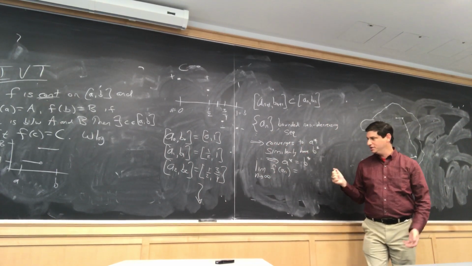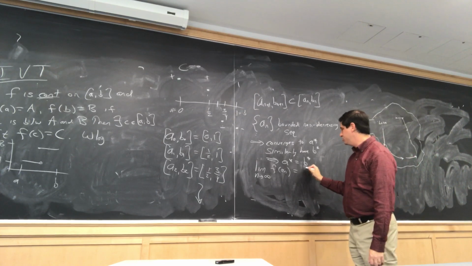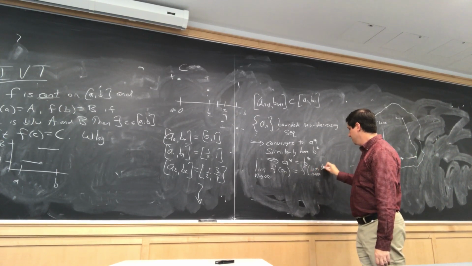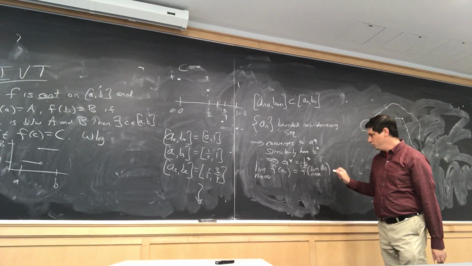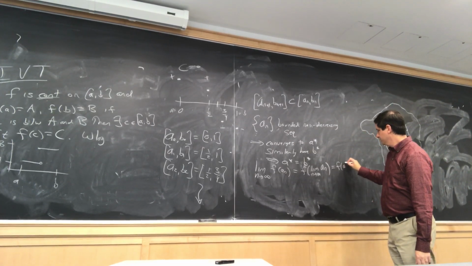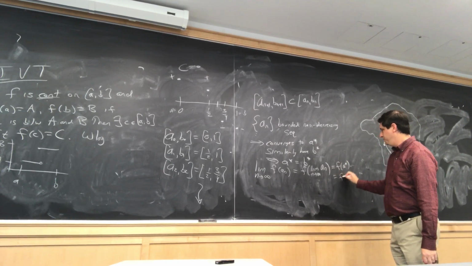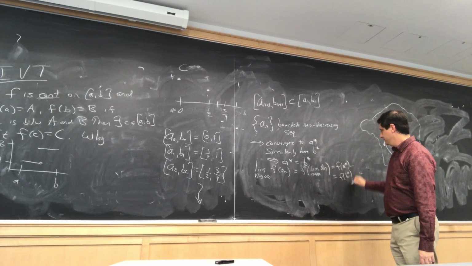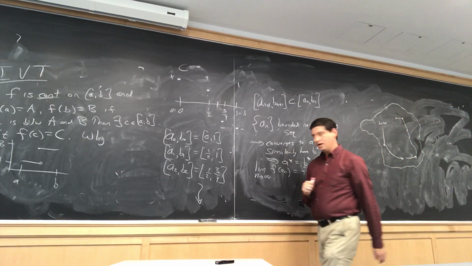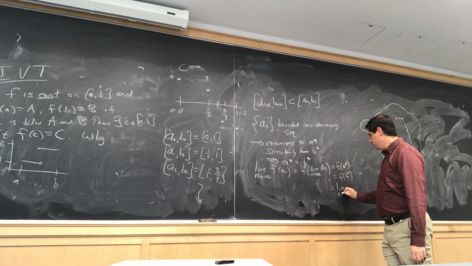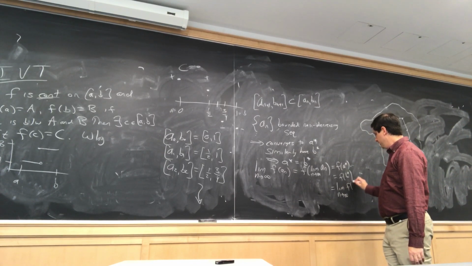So we can move it inside. It's just f of the limit as n goes to infinity of A_n, which is f of A star, which is similarly f of B star. And this is just the limit as n goes to infinity of f of B_n.